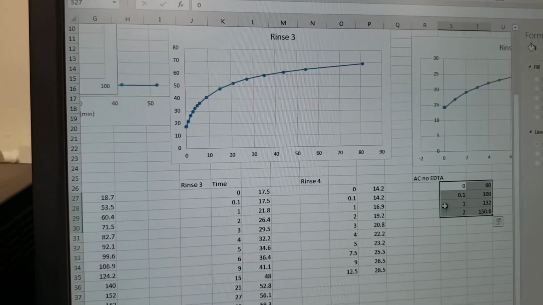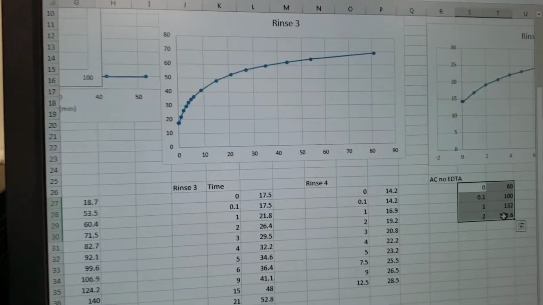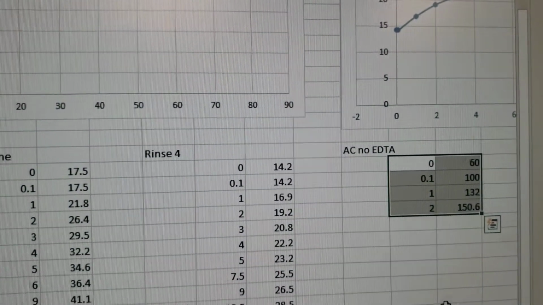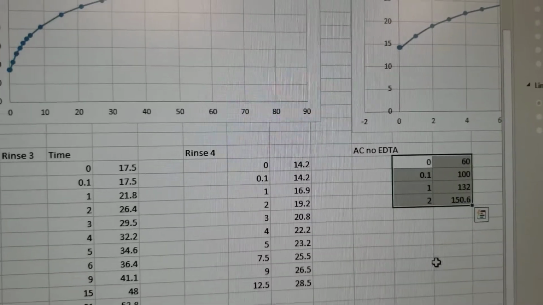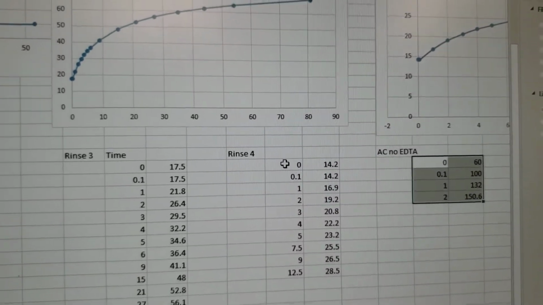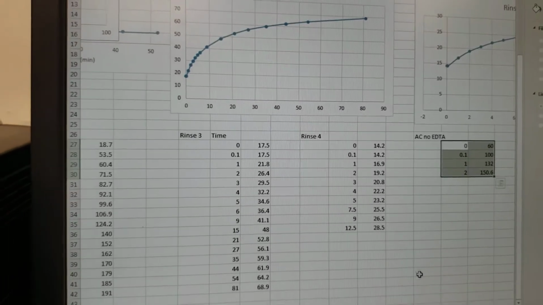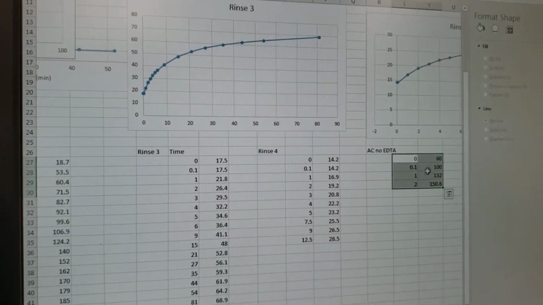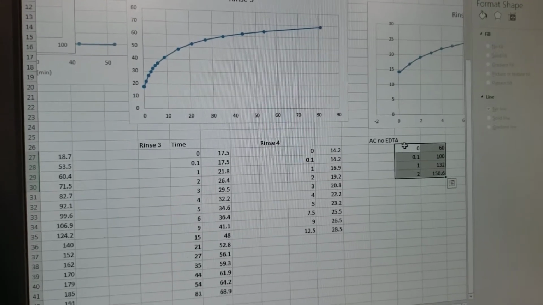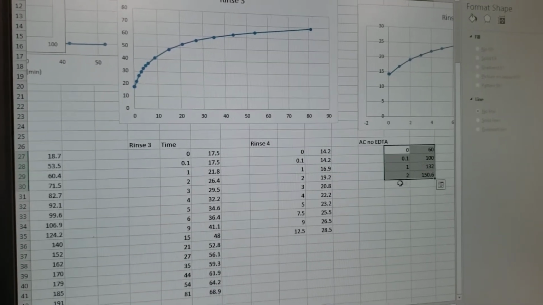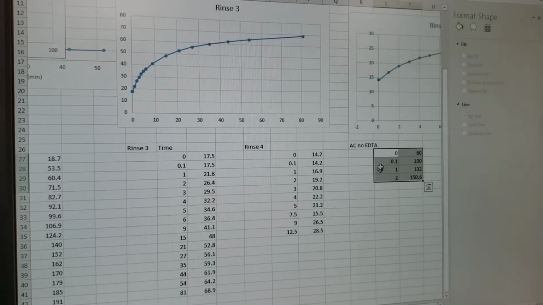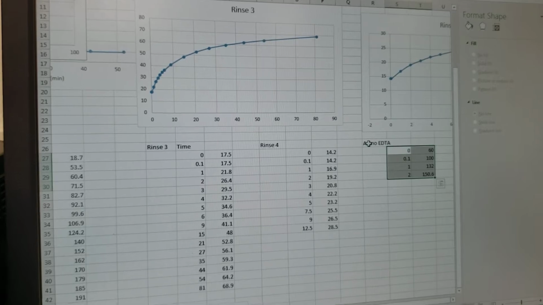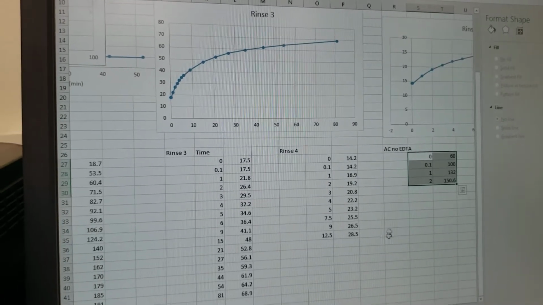So I'm going to finish up this activated carbon, no EDTA rinse, and keep rinsing this 3 or 4 times until the rinses minimize the amount of conductivity that's released. I also tasted this activated carbon, no EDTA, and it tastes that metallic flavor, as if the activated carbon itself is what's causing that funny taste.